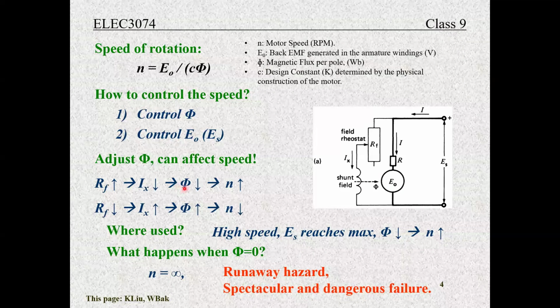Then the magnetic field per pole goes down. That increases the speed. And here is the vice versa relationship between those quantities.